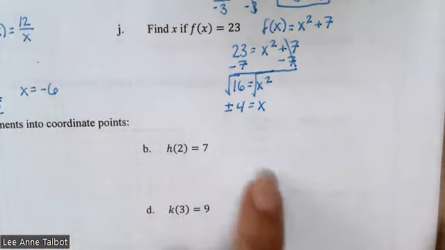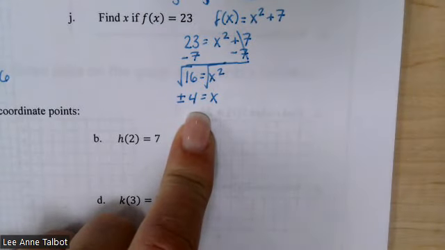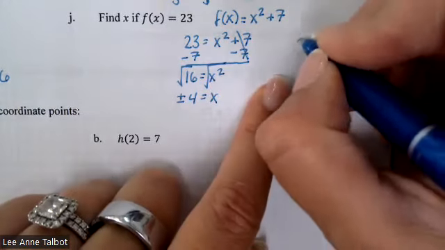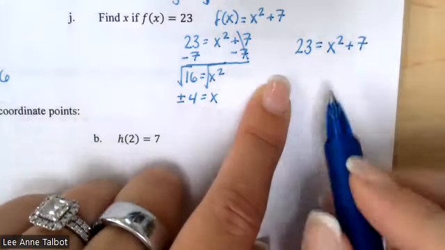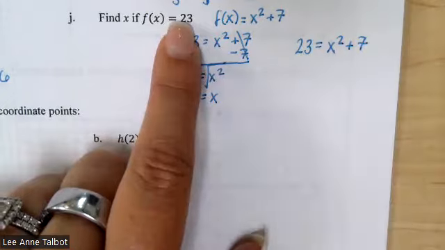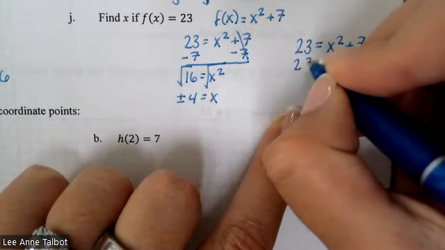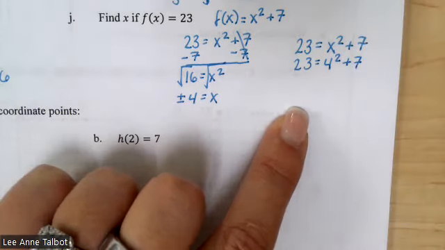Does anybody want to challenge me on why that works? Why that's a thing? I can show you. Anybody want to see? You're just trusting my math overlordness. You want to see it? Okay, so are you okay with me doing that? So I took 23 and equaled it to that. Okay, so 23 equals 4 squared plus 7.